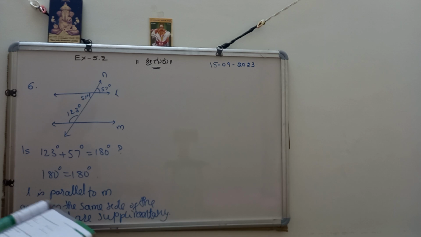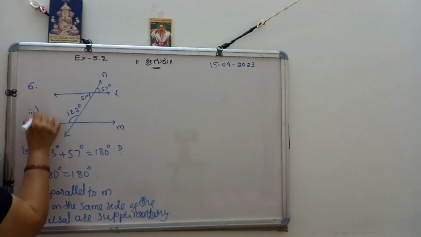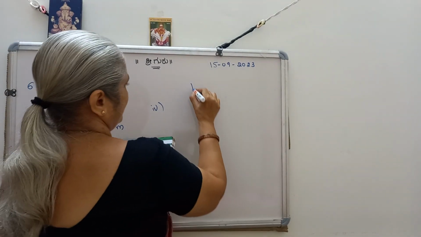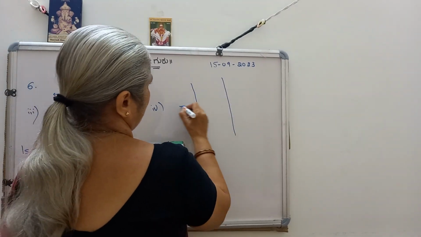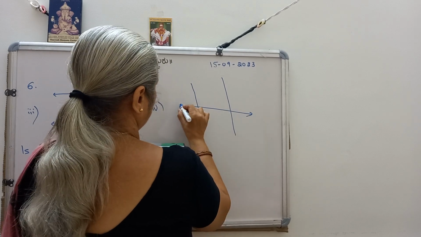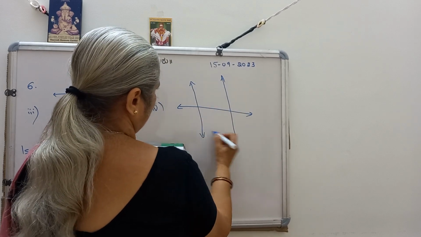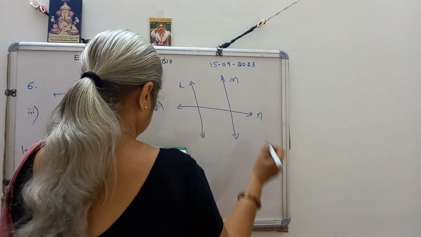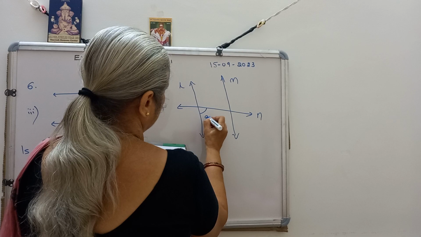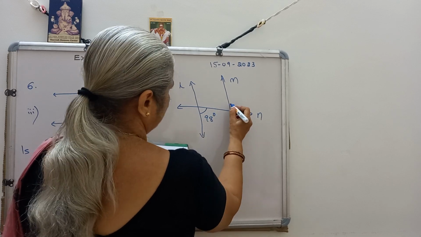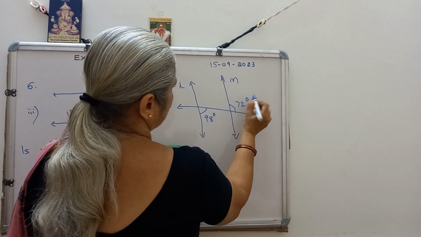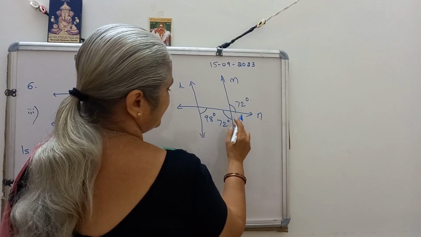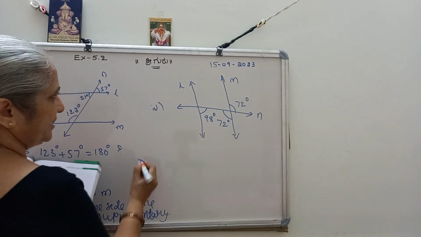Then the last figure. This is the third one and this is the fourth one. This is L and this is M and N is the transversal. This angle is 98 degrees and this angle is 72 degrees. Here because this is 72, this is also 72 degrees because of vertically opposite angle property.